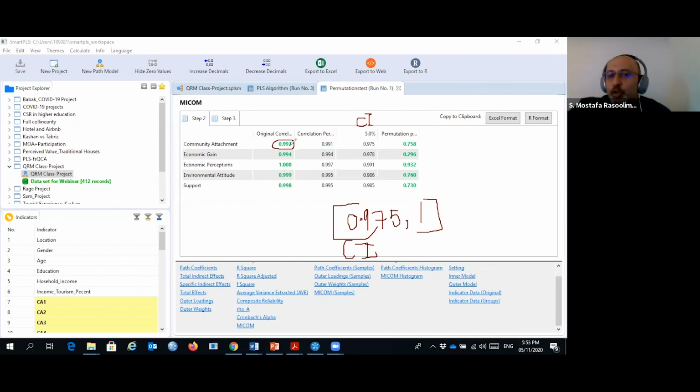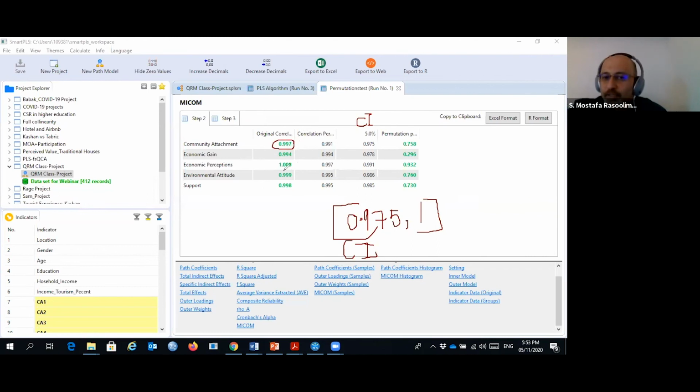Here, the correlation is 0.997, so it's between 0.975 and 1. It means this correlation is not significantly different from 1.